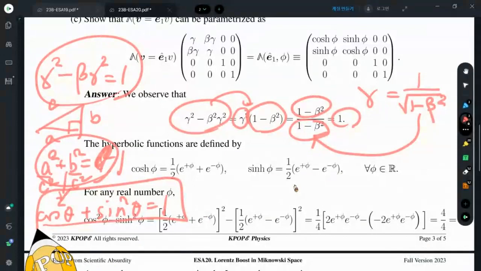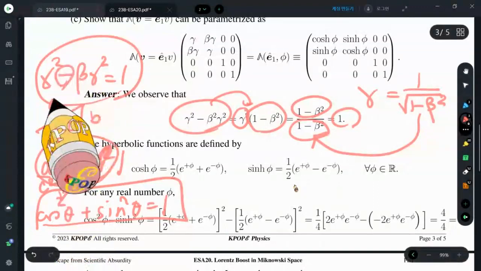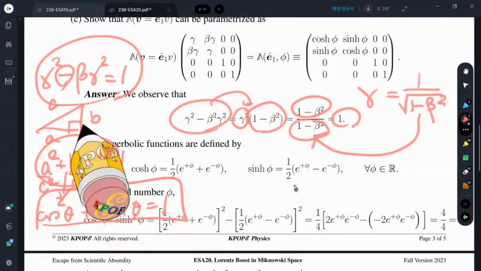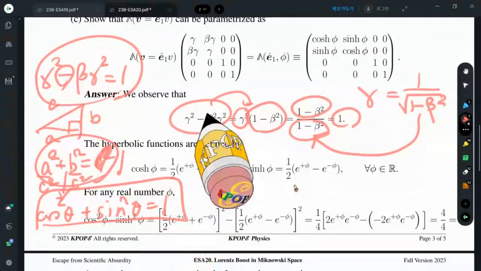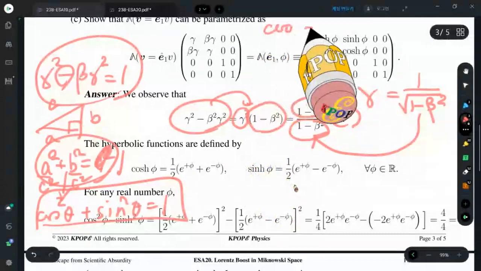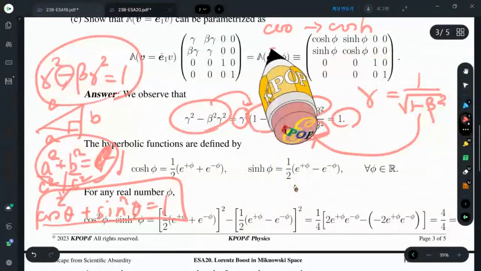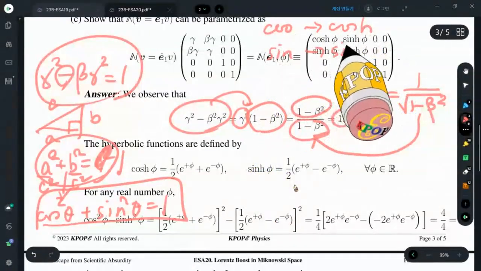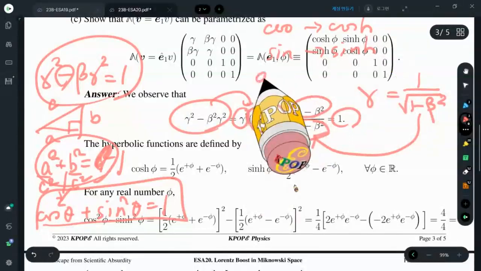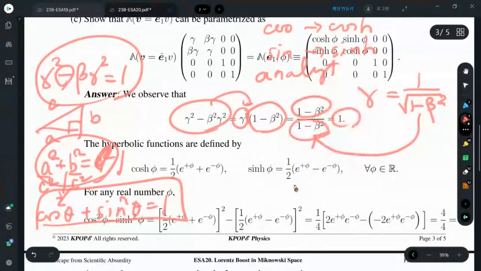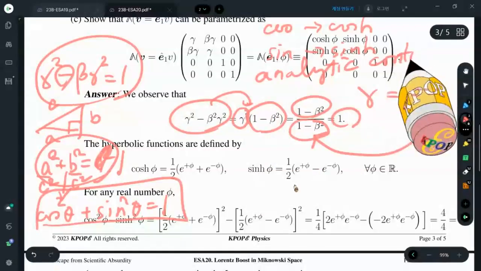However, what I have right now is not the sum, but the difference. In this case, very simple: replace sine, cosine with cosine hyperbolic, sine hyperbolic. This is called analytic continuation.